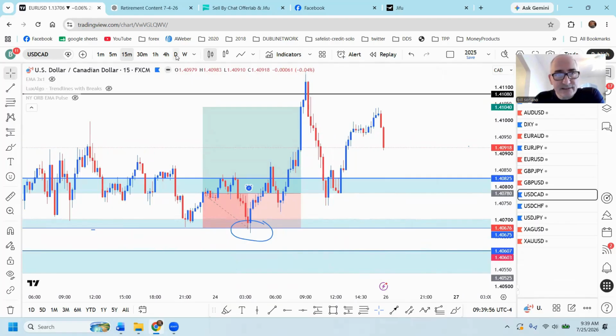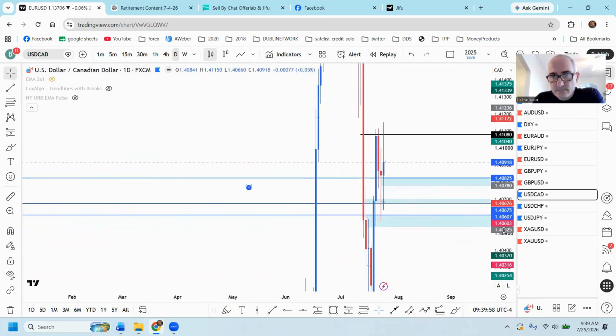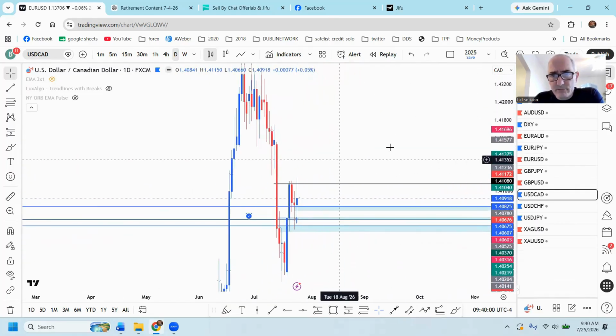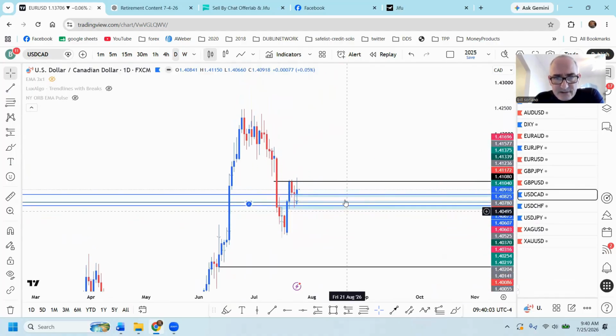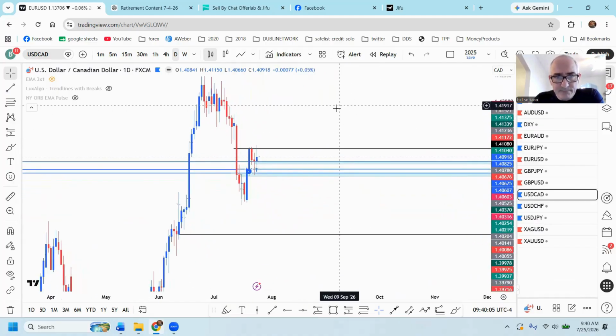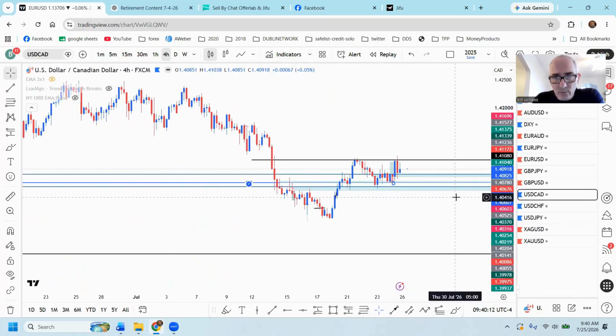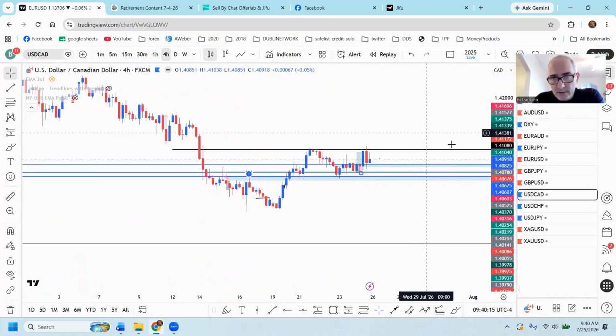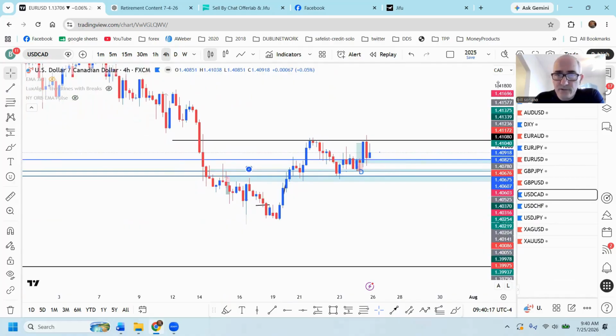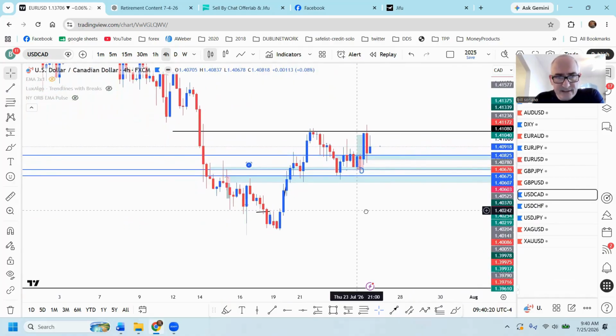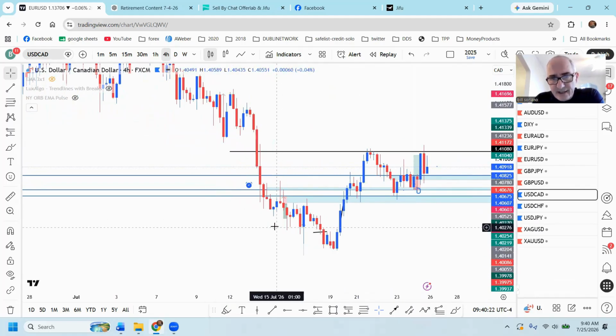So anyway, let's go to the daily just to make sure we have our daily range identified here. Let's see, we have our daily range identified. And when we drop down to the 4 hour, we're going to see that right now we are bullish on USD/CAD. Basically the reason for that is we get this break of structure to the downside from this area right here, right?